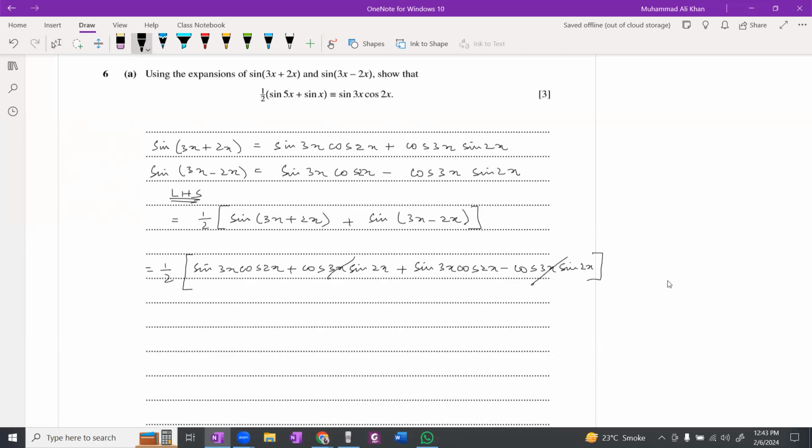Cancellation of these two values. So now it will be half. In the bracket it is 2 sin 3x cos 2x. 2 and 2 cancel out. Final answer is sin 3x cos 2x, which we have to prove.